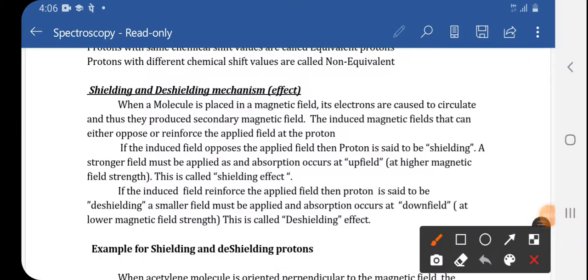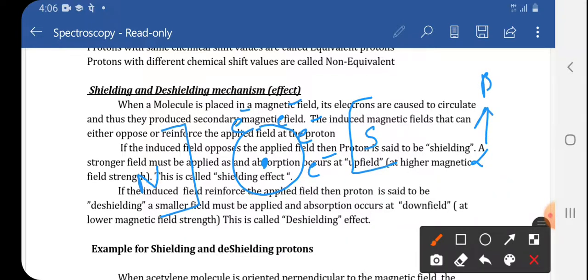If you consider one molecule, this molecule has the nucleus and the electrons. When this compound is placed in the external magnetic field, that is between the north and south poles, this proton will undergo resonance from alpha state to beta state. This is the resonance, we all know that.